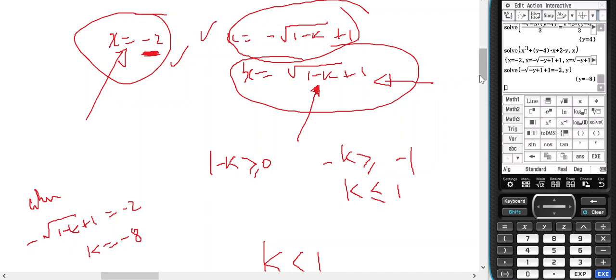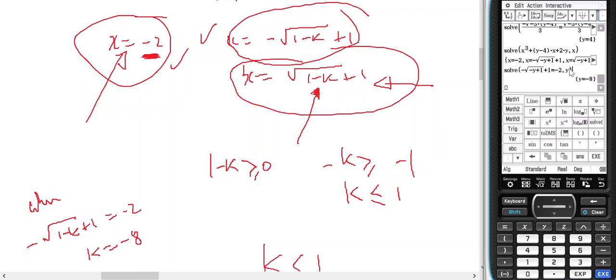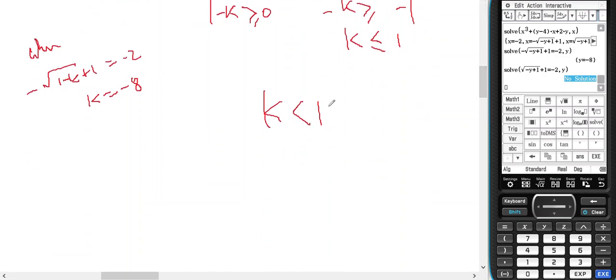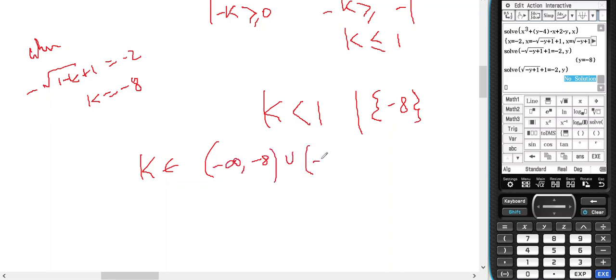That will give me 2, so that's not 3. And also test for the other one when the positive equals that, and this is not possible. So my only exclusion is -8. So k is less than 1 except for -8. Or you could say that k is an element of -infinity to -8 union -8 to 1. Either of them will exclude the -8.